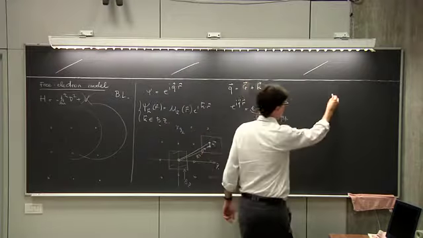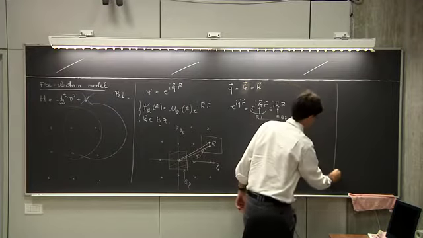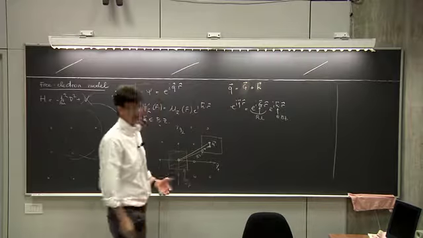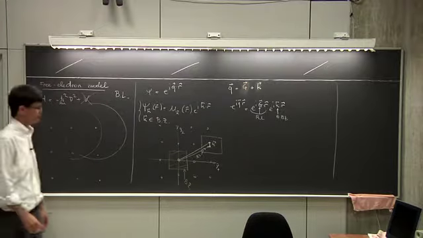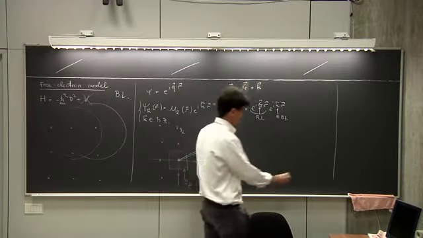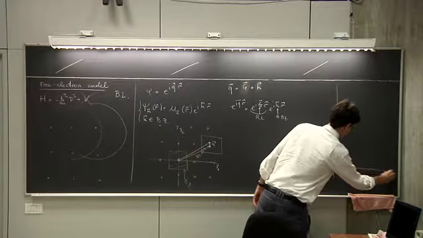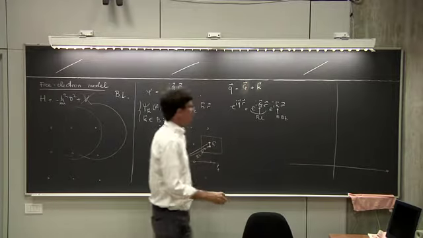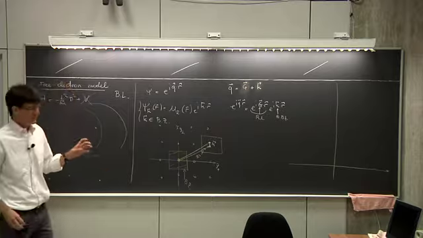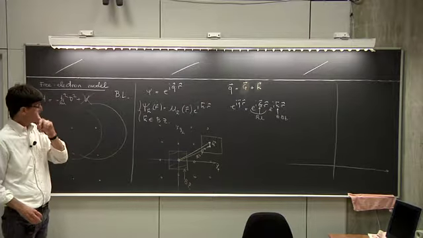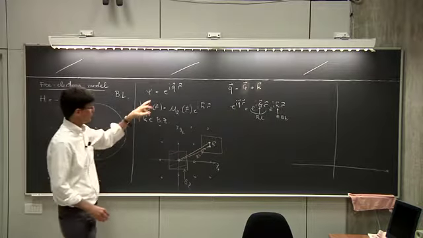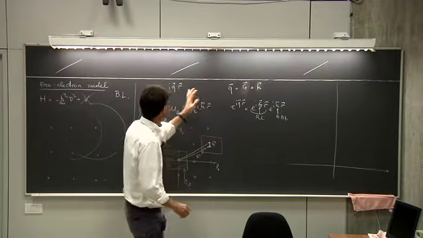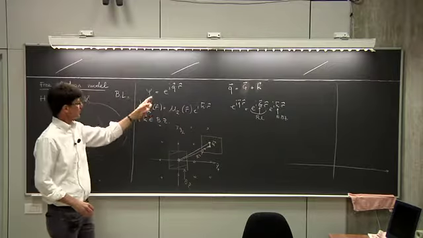Now, let me use this side of the blackboard to draw my band structure. I know the solutions, I know the Brillouin zone, I know everything. Let me now draw the band structure for a one-dimensional case. In the one-dimensional case, everything becomes much simpler.